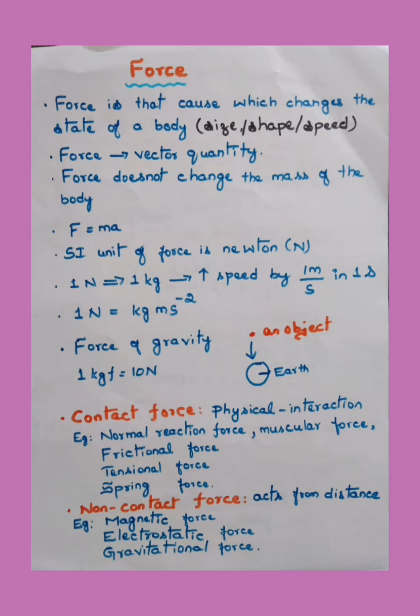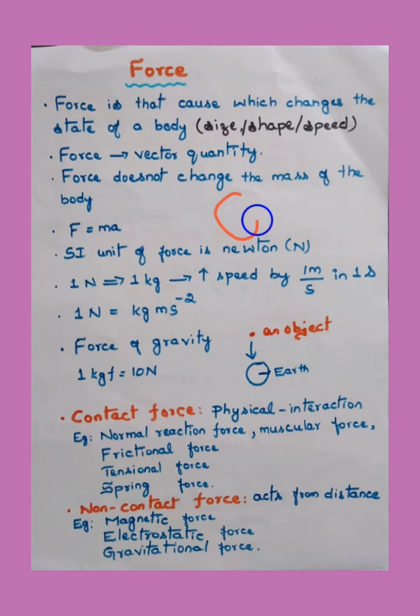How do we define 1 Newton force? 1 Newton force is defined as when a force is applied on an object of mass 1 kg to increase the speed of the object by 1 meter per second in 1 second, it is called 1 Newton force.